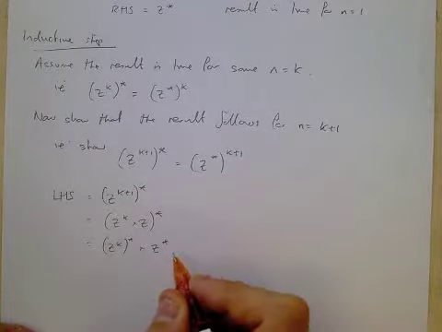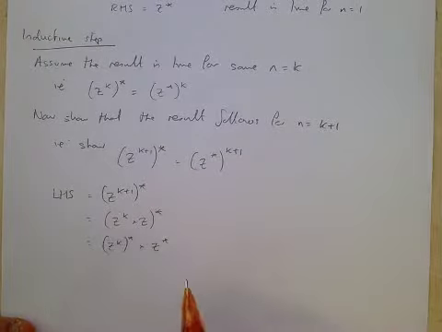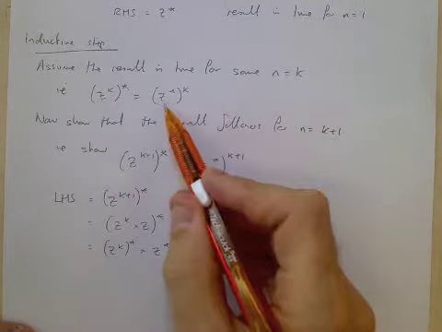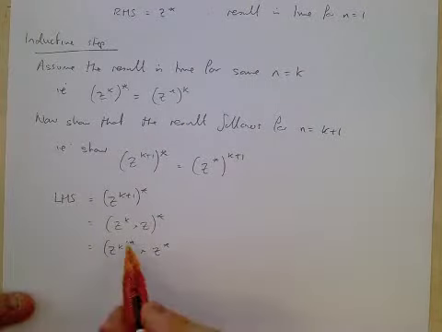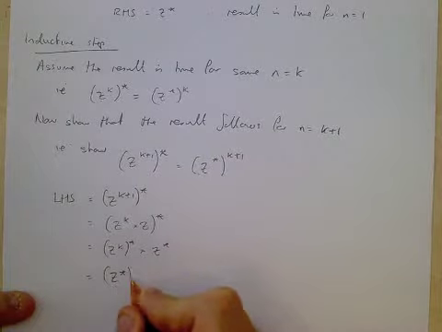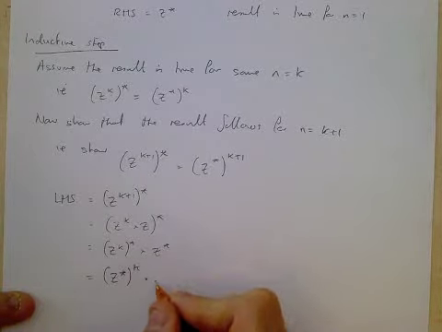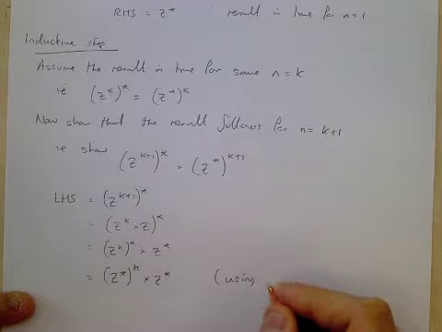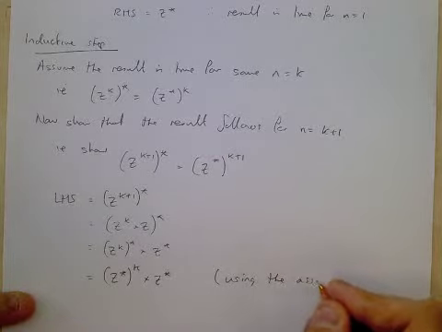Now I'm going to use my assumption, because I've assumed that z to the k conjugate is equal to z conjugate to the k. So I can swap this around. So this becomes z conjugate to the k times z conjugate. That was using the assumption.